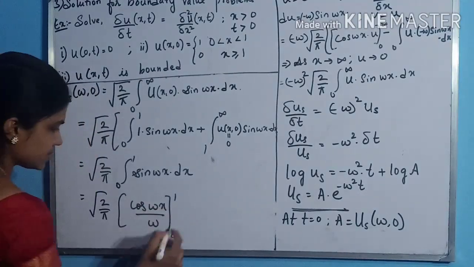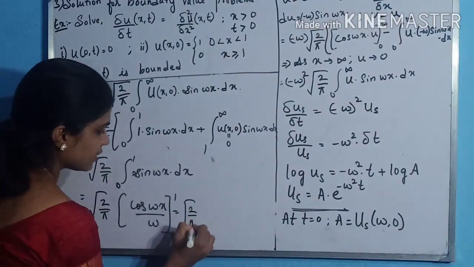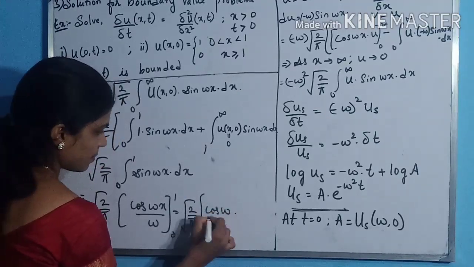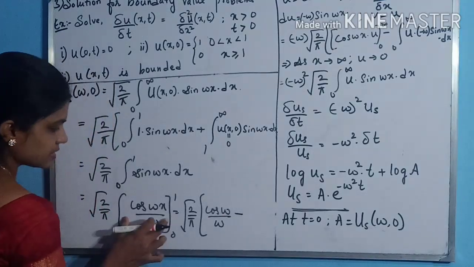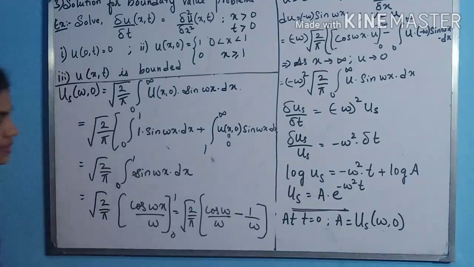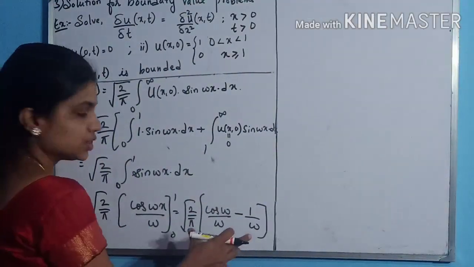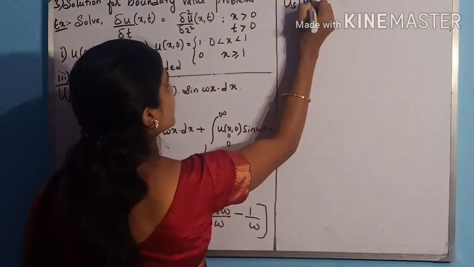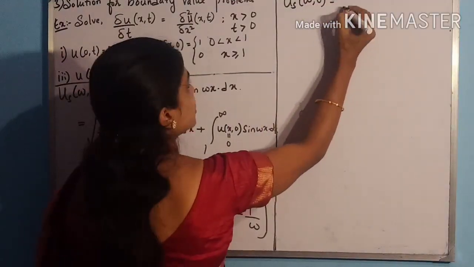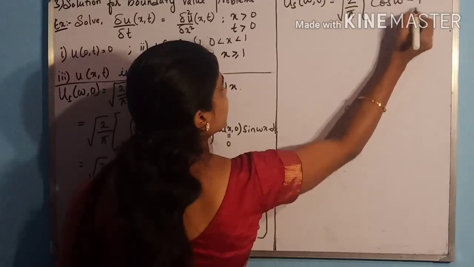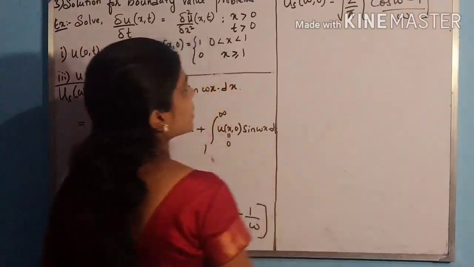So upper limit minus lower limit, I have root 2 by pi cos omega upon omega minus cos 0 is 1, but we have an omega down, so I can write this as cos omega minus 1 upon omega. So let me write it properly here. So we have us of omega 0 is equal to root 2 by pi cos omega minus 1 by omega.